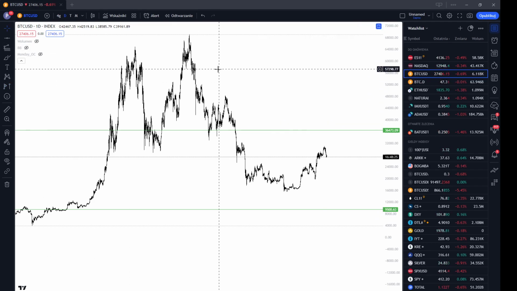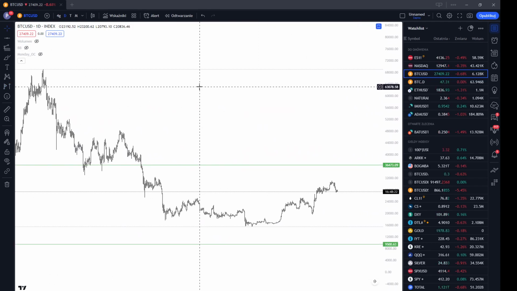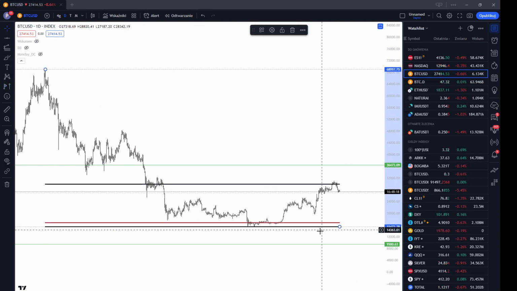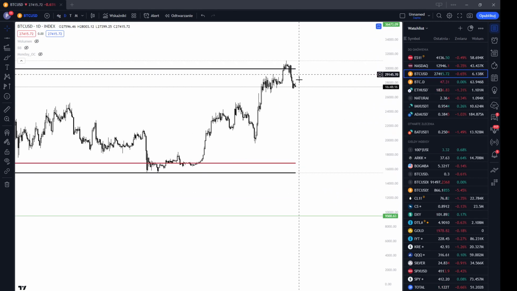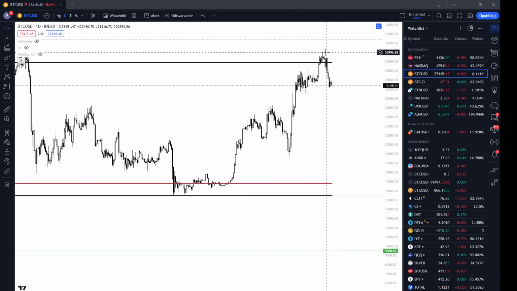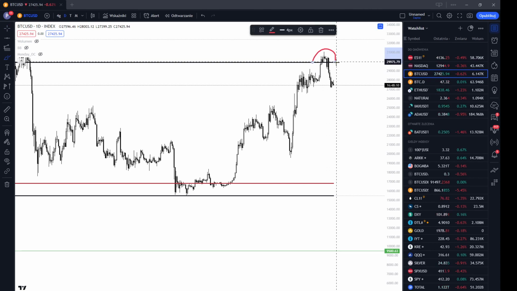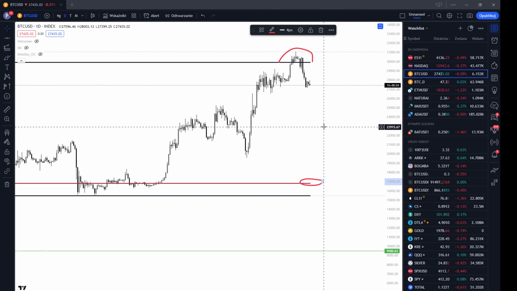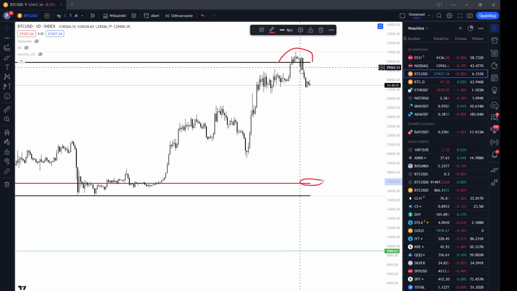Now let's look at the more local situation. If we extend from the pivot high here to the current situation, you see we have exactly rejected value area high. So this was a deviation, nothing else. And our point of control is round about here. Yeah. So very ugly looking chart at the moment.